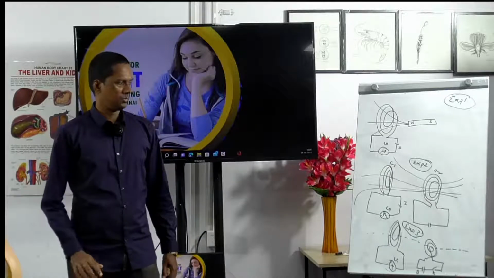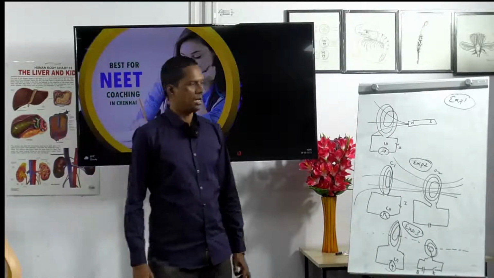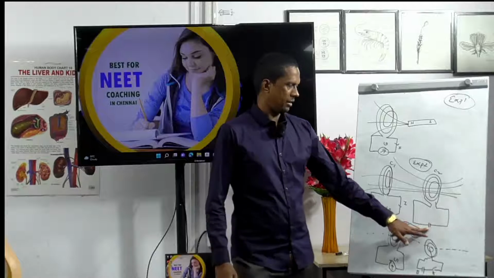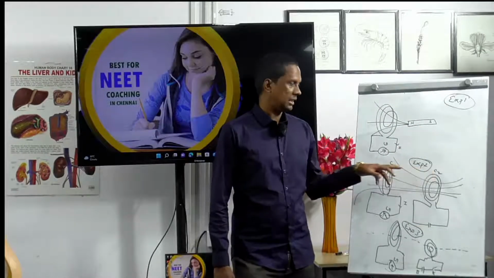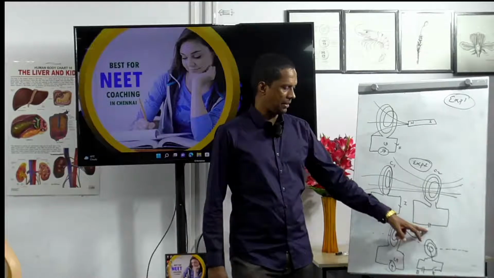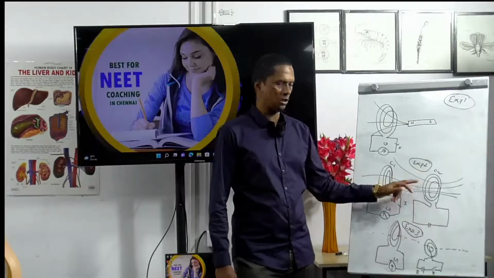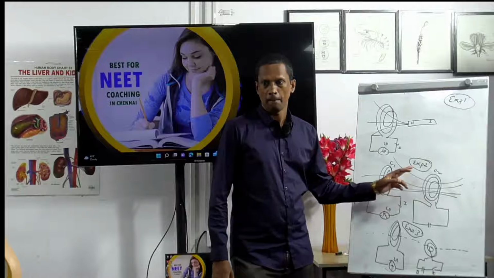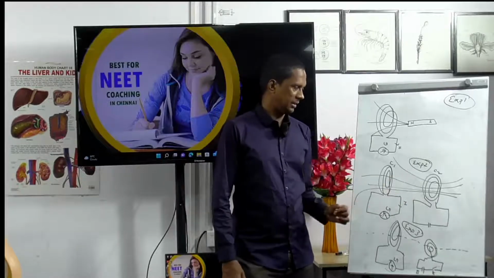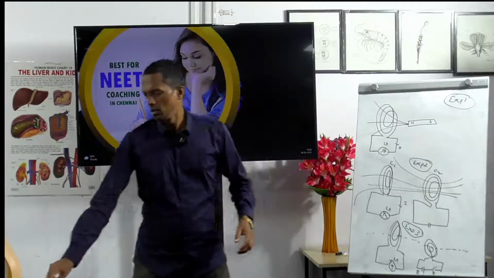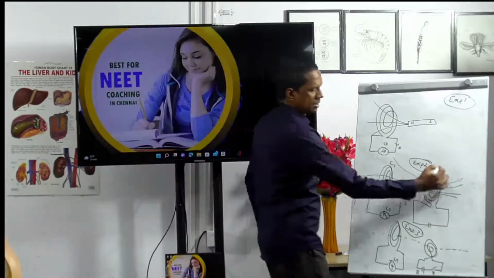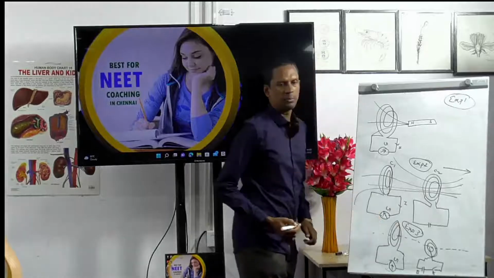In experiment 2, what will happen? I am attaching this battery. Now the magnet is replaced with a coil 2. This remains the same, and the battery remains. What am I doing to the coil now? I am supplying power, and then I am shifting it.